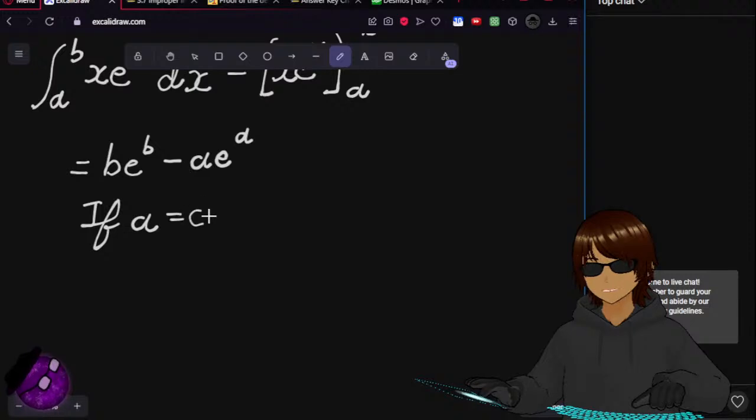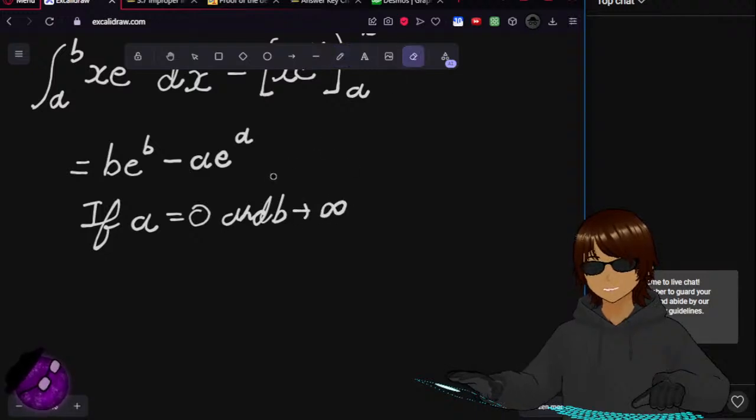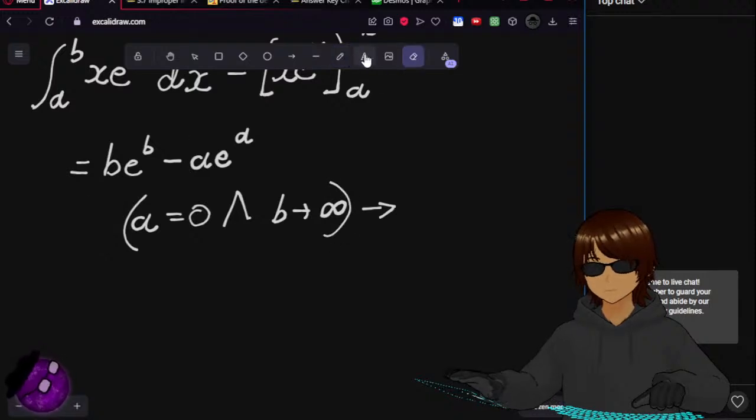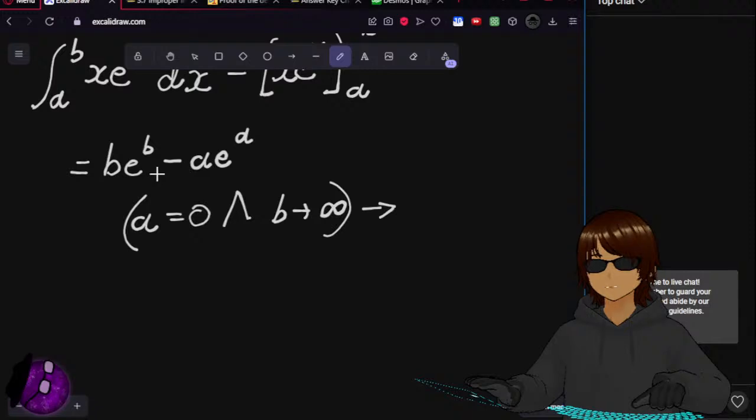If a is 0 and b is going to infinity, then that means the integral diverges.